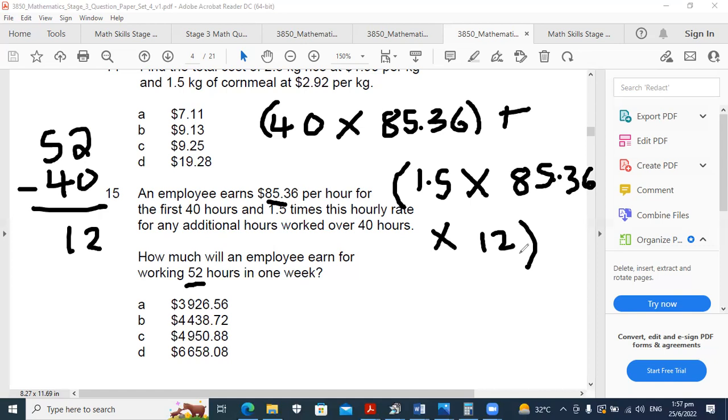So compute that for me, and that will give you the total earnings.